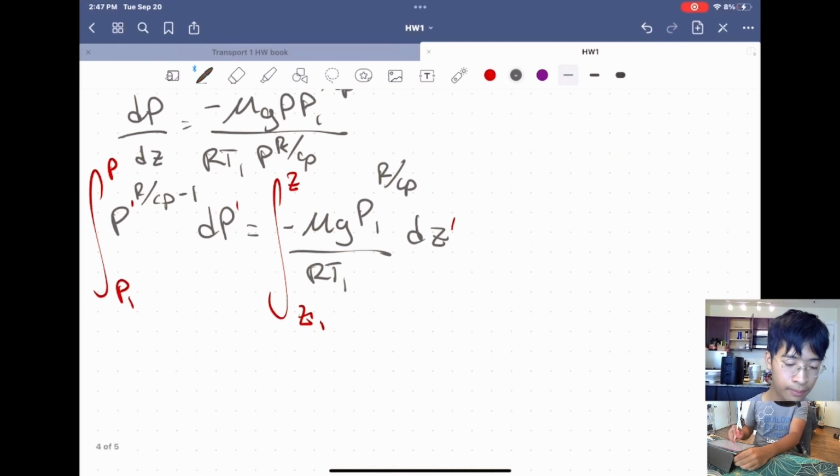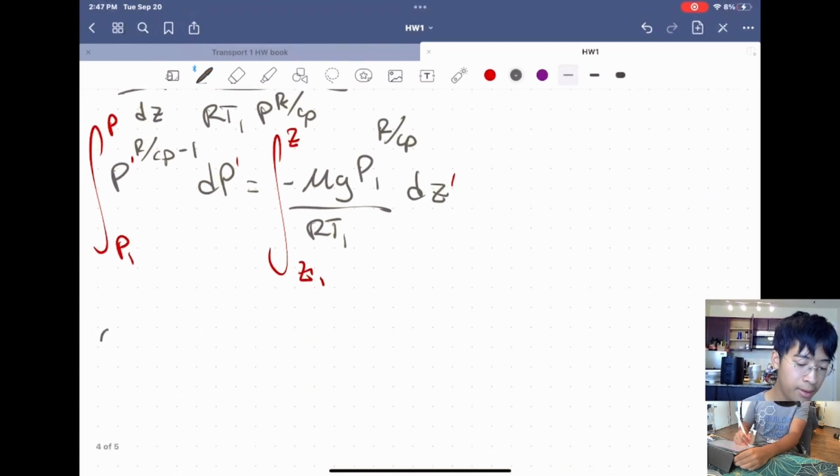Then we integrate. Over here it's easy and convenient because of that minus 1. We get Cp over R, P raised to the power of R over Cp, actually, it should be the reciprocal there.